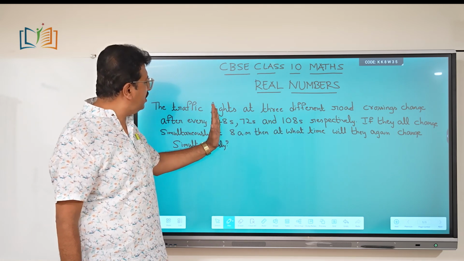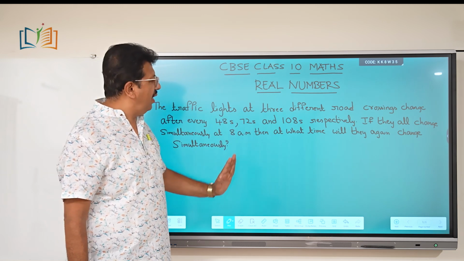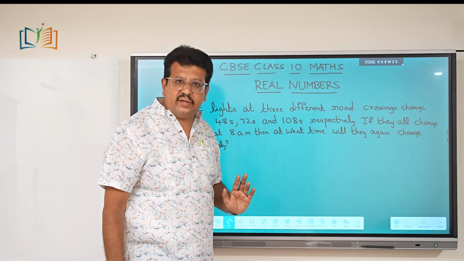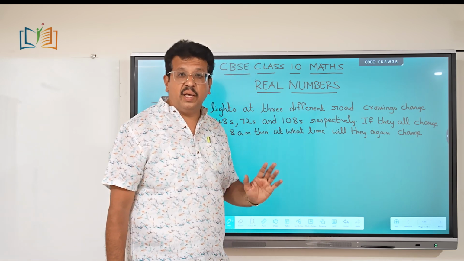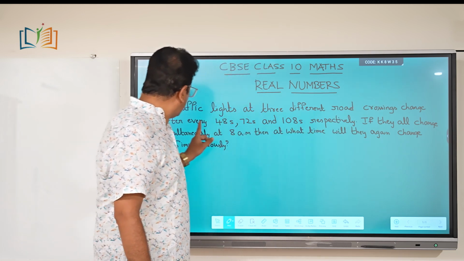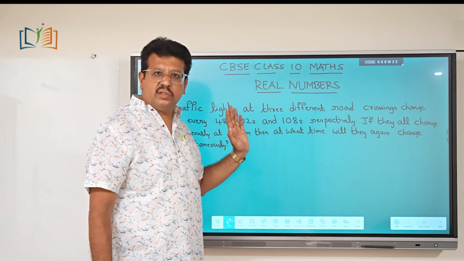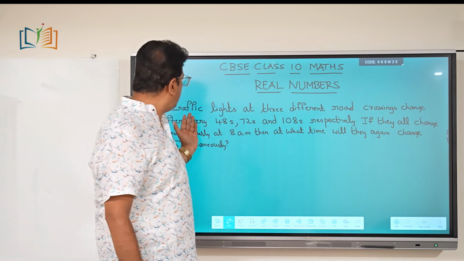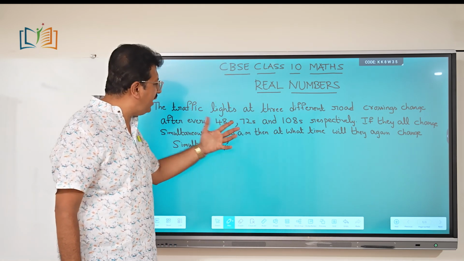That means the first signal changes at 48 seconds, the second at 72 seconds and the third at 108 seconds. Respectively is a very important word. If they all change simultaneously at 8 a.m.